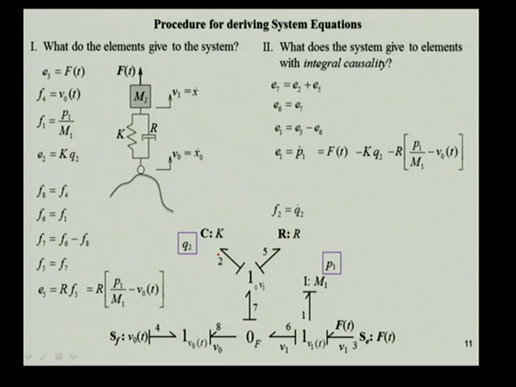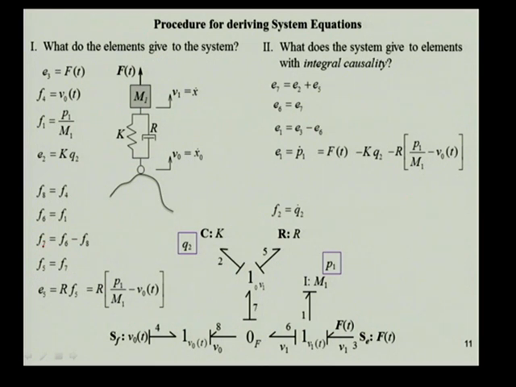So flow 2 in this case corresponds to the rate of change of its deformation, Q2 dot. And where is this flow 2 coming from? It is coming from flow 7, and flow 7 is coming from flow 6 minus flow 8, and you have done all that over here.